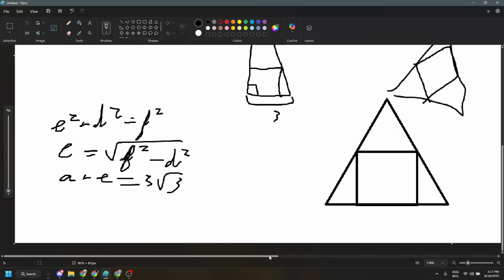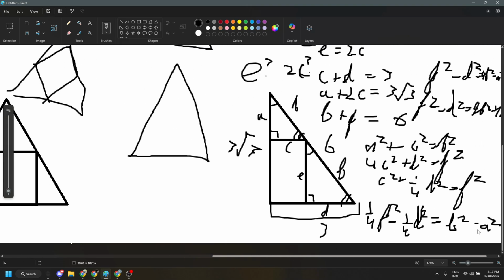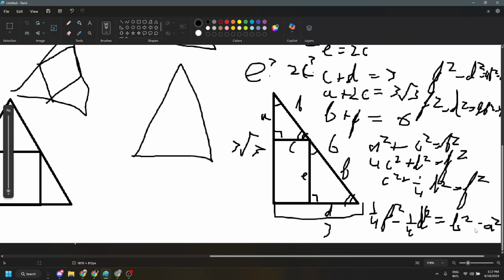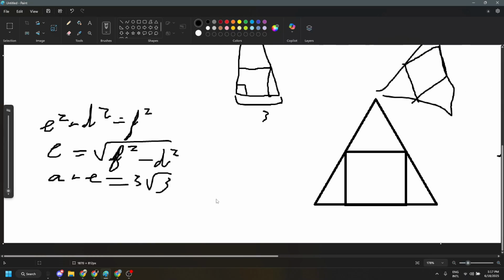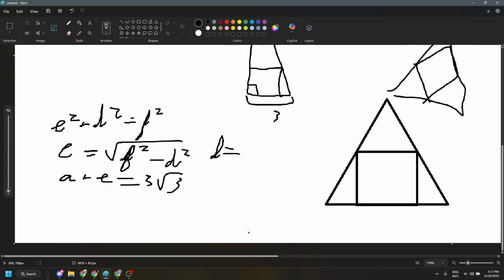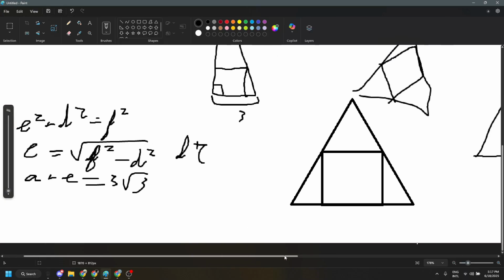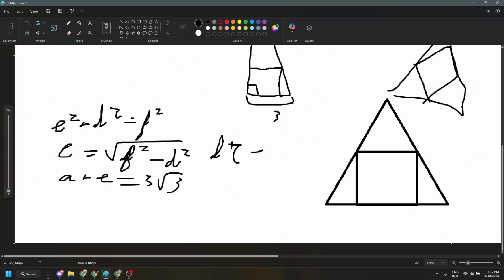Or maybe we could replace more things. D, and can we replace stuff with D? Yes, we can. D plus C is equal to 3. C is equal to 3 minus D.